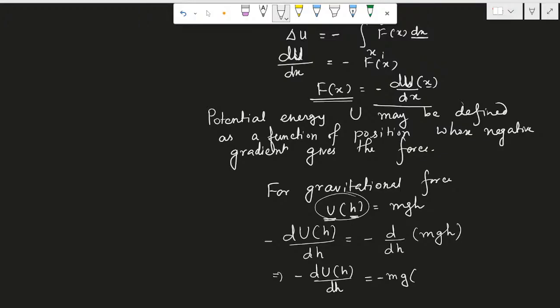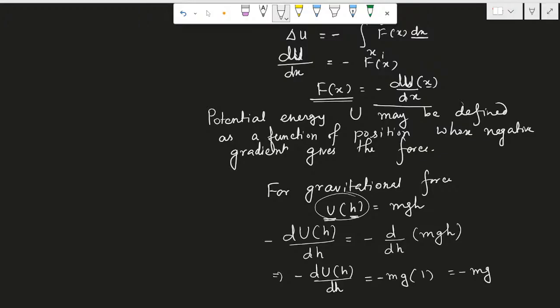So this is minus mg. Now, can anybody describe why I am getting minus mg? I need that explanation from you. You can write a very small explanation, one line, or maybe two or three words. Why is it negative?